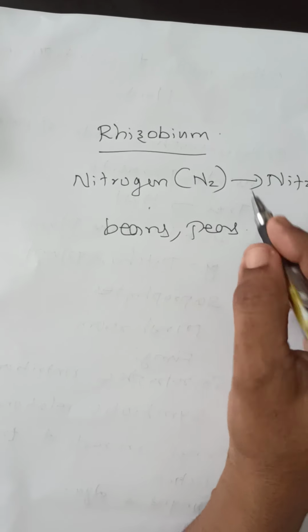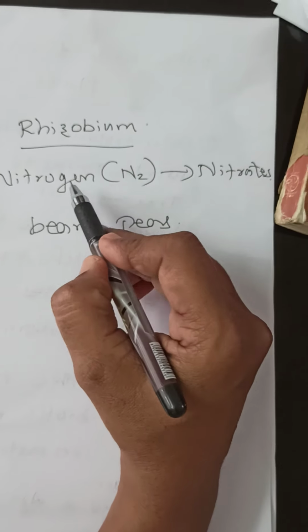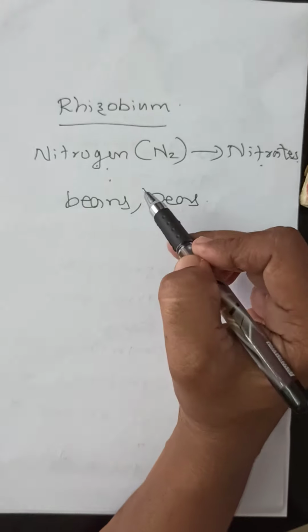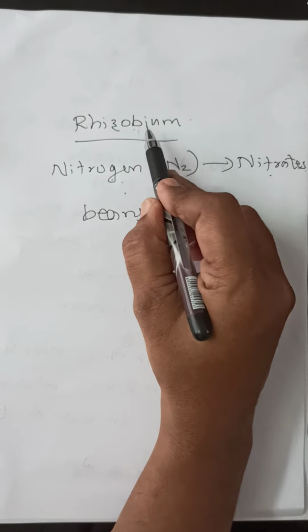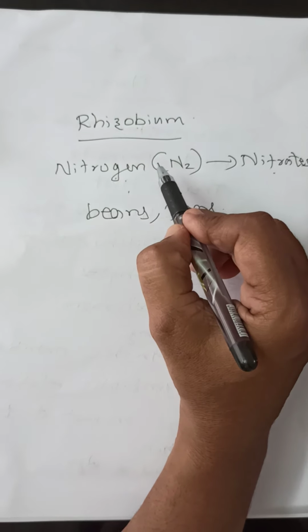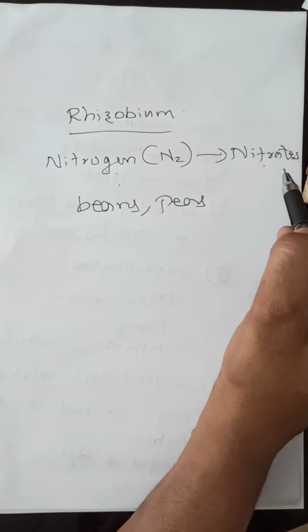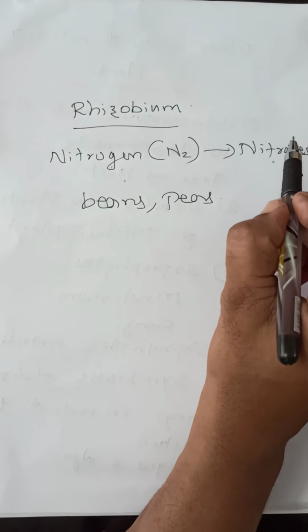In the roots of these beans, peas, etc., the Rhizobium bacteria are there that convert the free nitrogen into nitrates. So the plant gives shelter to the Rhizobium, and the Rhizobium converts the free nitrogen into nitrates for the plants. So that is also another example of a symbiotic relationship.